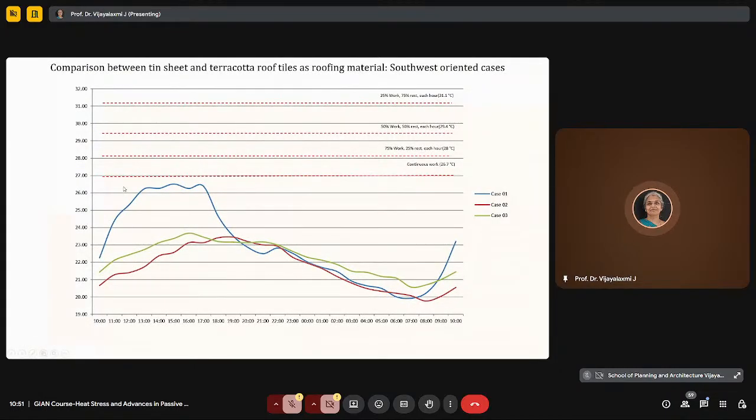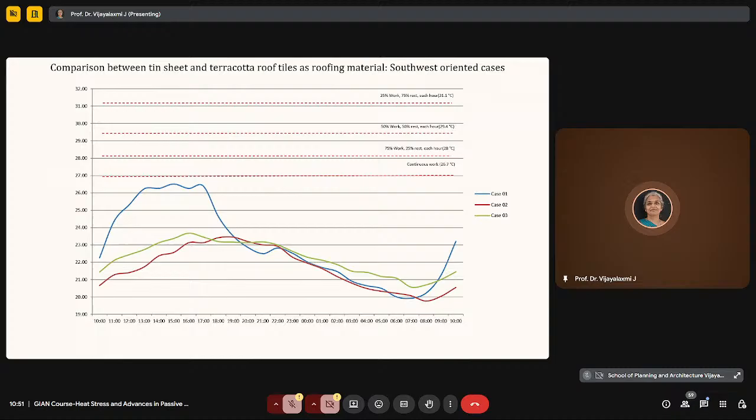According to the questionnaire survey also, tin roof is considered a better alternative to terracotta roof tiles based on maintenance, waterproofing, and cumulative economic feasibility. So our concern may be to provide them with the best indoor condition.